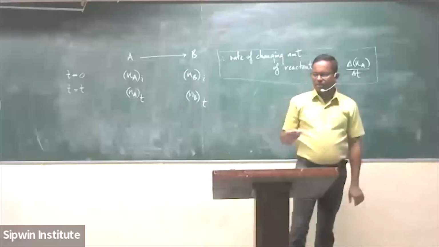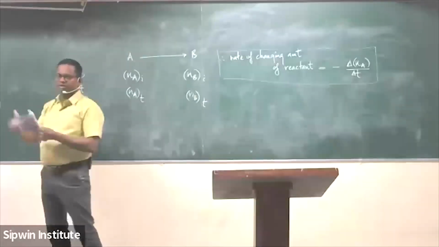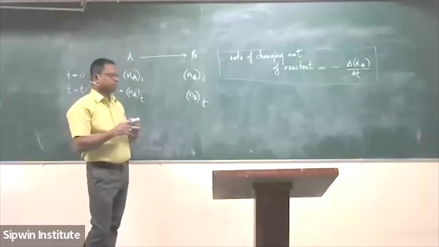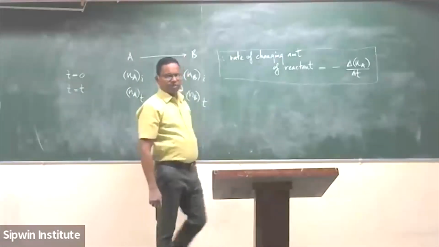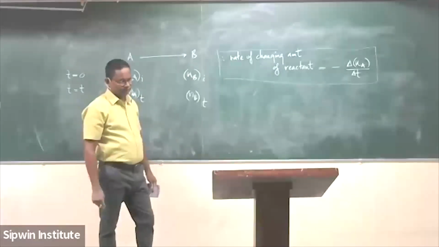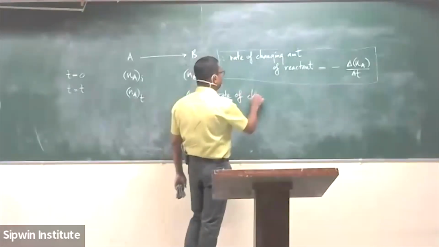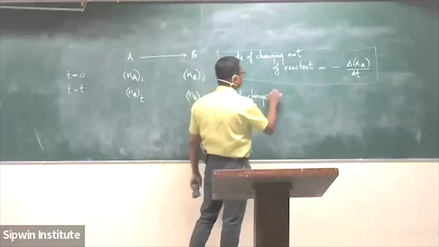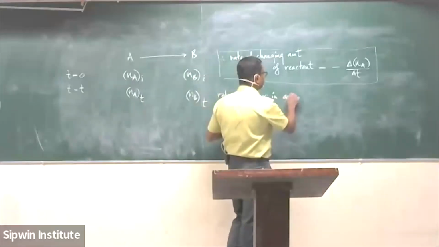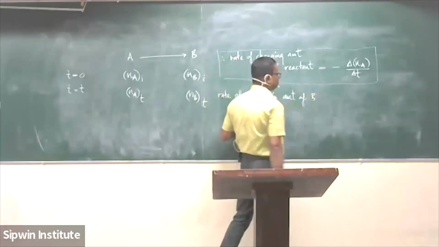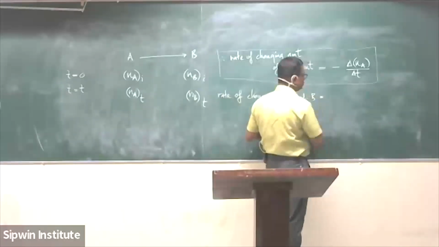Next line. By considering products, comma, using B. Rate of change in amount of B equals, in the usual way, first you substitute it.